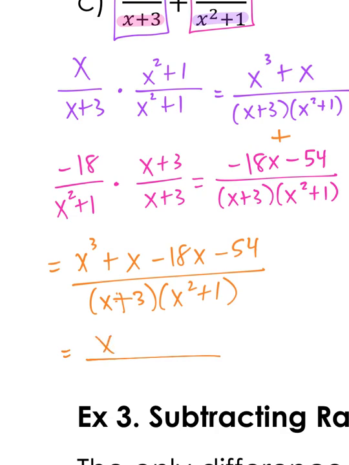That becomes x cubed minus 17x minus 54 over x plus 3 times x squared plus 1. For these, it does not matter which order the factors in the denominator go. If it was x squared plus 1 times x plus 3, that's perfectly fine.